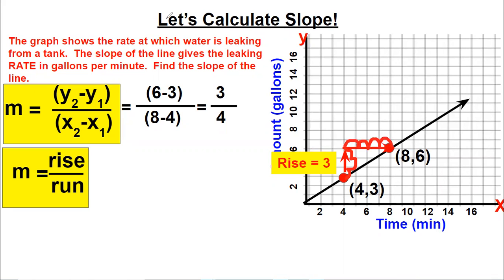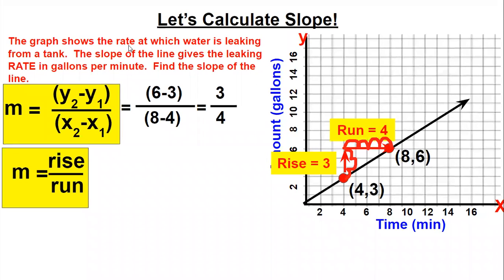So my run is 4. And notice how they're both positive, because when you go up, the rise is positive, and when you go to the right, the run is positive. So my rise is on top, that's 3, and my run is on the bottom, that's 4. So there's my 3/4 for my slope again.